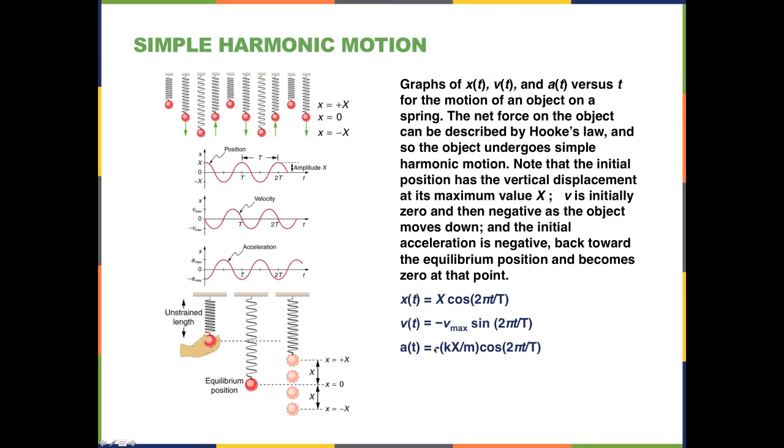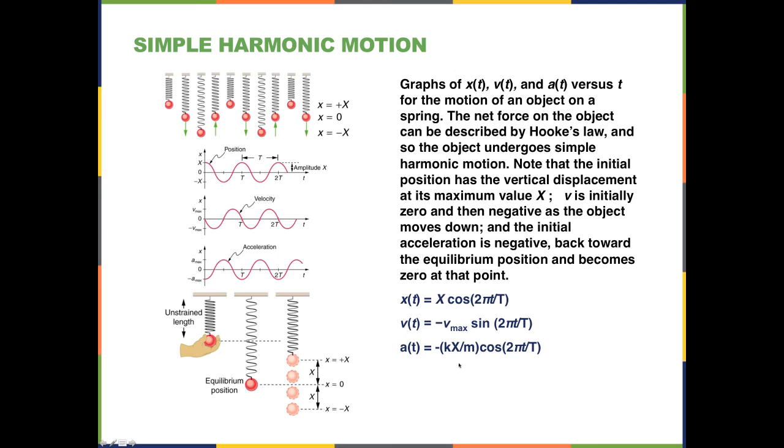And notice that it's also negative, so it starts down here and proceeds in this way. And notice x here is the maximum amplitude, k is the spring constant, and m is the mass. And these are the 3 formulas that can be used to describe these 3.